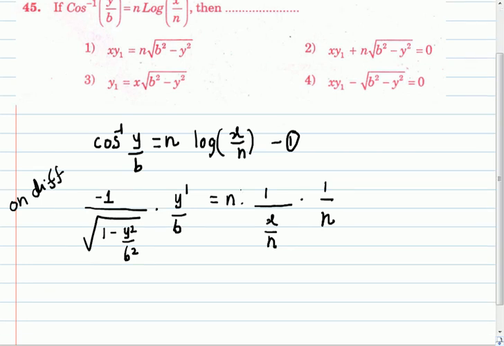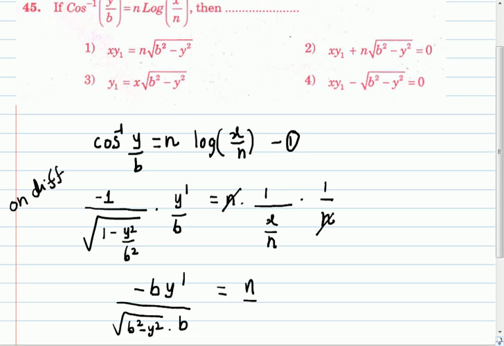So what you can observe, n term get cancelled. So if you take simplification in this part, we'll be getting minus b y dash divided by root of b square minus y square into b is equal to n divided by x.